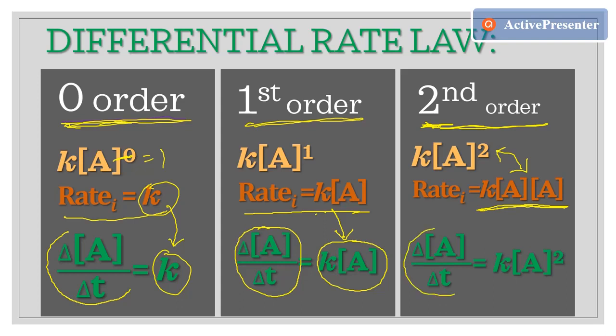So here's our general rate law, and we can just bring this down here and have, for second order, the change in the concentration of A over the change in time equals the rate constant, which is K, times the concentration of A squared. That's for the second order.